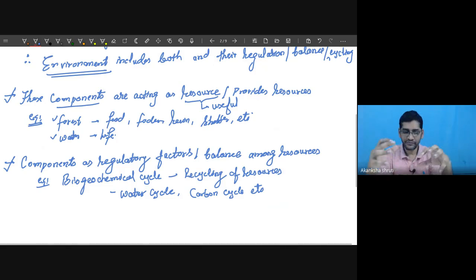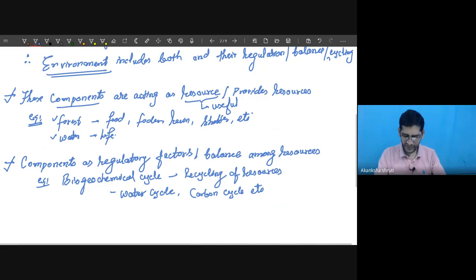But if much more pollution is added than the rate of recycling of the environment or rate of digesting the waste or the pollution generated, so if the generation rate is more than the absorption rate by the environment, then that causes problems called environmental pollution, and many more abnormalities in our environment arise, like global warming, ozone layer depletion.